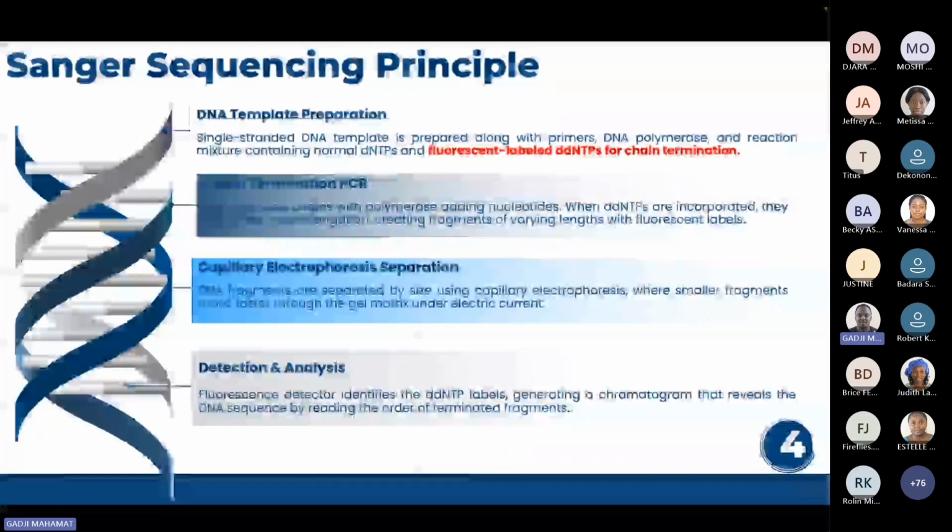At the end, a fluorescent detector is used to identify the dideoxynucleotide triphosphate label, generating a chromatogram revealing the DNA sequence by reading the order of the fragments.